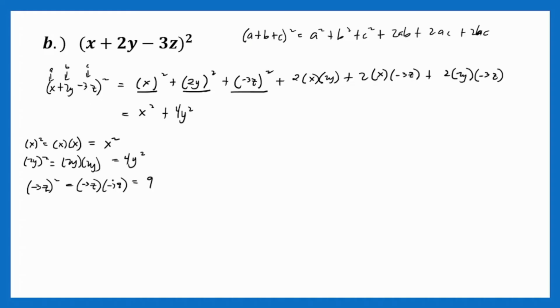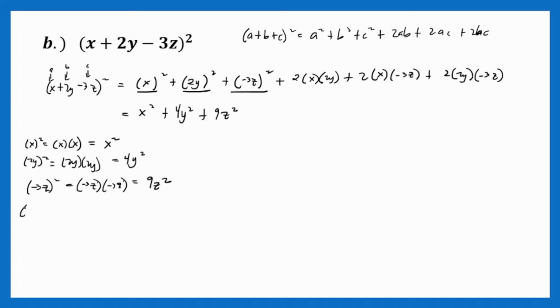Kasi kapag same sign ang naka-times, tandaan, magiging positive lagi yung sagot. Next, z times z, z squared. Okay, pinag-plus lang natin yung 1 niya na exponent. So we have plus 9z squared. So since positive yan, dapat plus yung gitna natin. Kung negative yung naging sagot ko dito, dapat minus yan.